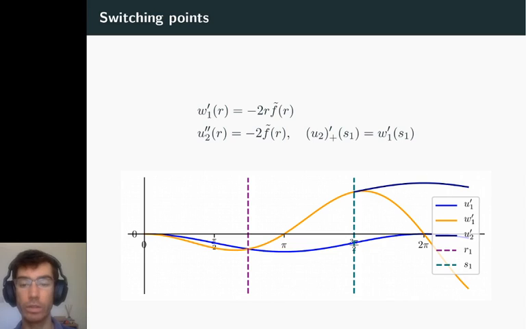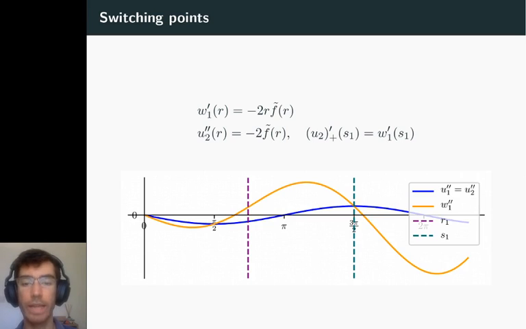So in order to then choose where this switching point S1 lies, we choose it to be the first point at which the first derivative of U2 stays above the first derivative of W1 over some interval of positive length. And this is equivalent to considering the second derivatives, and the second derivative of U2, shown in blue here, should be above the second derivative of W1 for the first time at this point, S1.